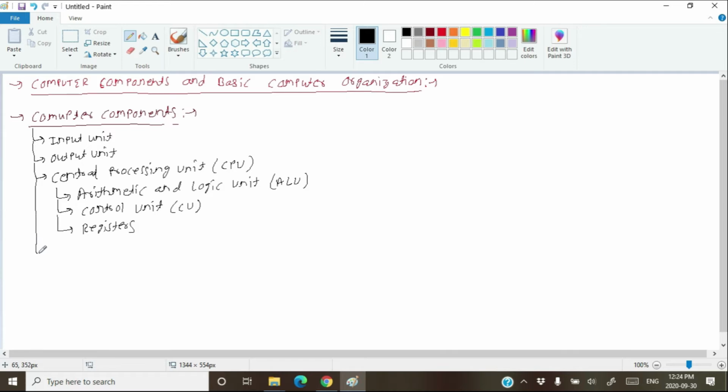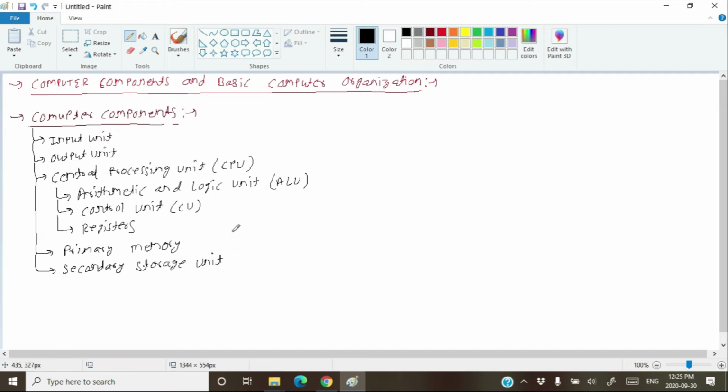Other computer component is primary memory. The other computer component is the secondary storage unit.